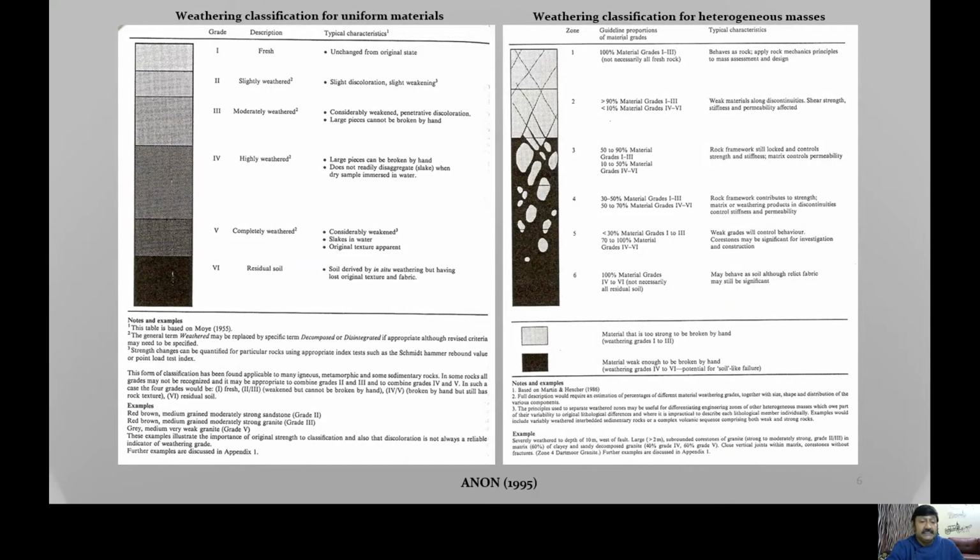So the gradational change is not possible to be captured with the help of this six-fold classification system. However, other rock types are possible to be categorized in terms of weathering grades. We'll be coming across several such examples.